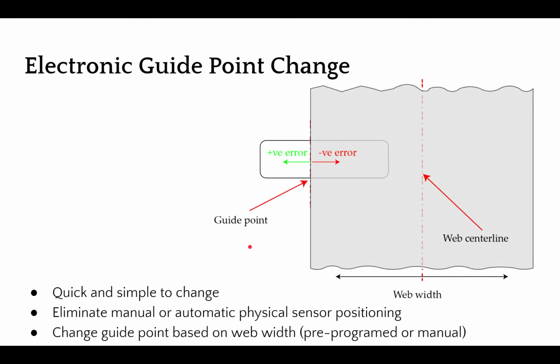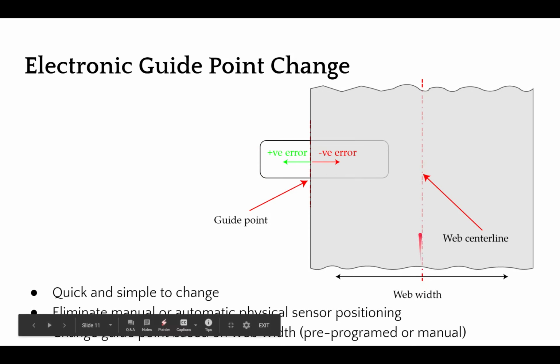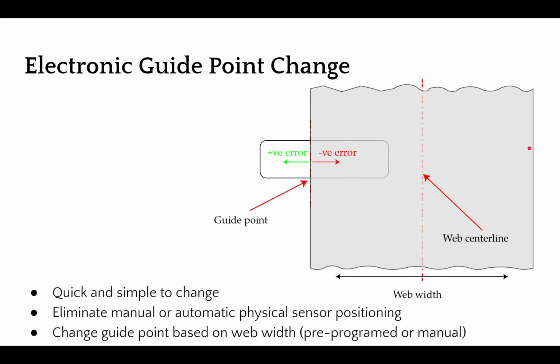And this allows us, instead of manually positioning the sensor, to electronically position the location of the web. So by moving the guide point, you can use a single sensor and still do center guiding, as long as you know how wide your web is, and it's just a matter of mathematics to get there.